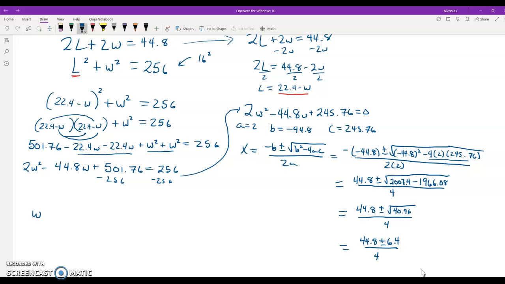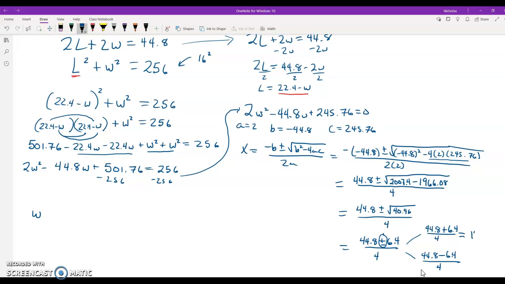You might get to this point and think to yourself, what do I do from here? This is where we're going to bring this plus minus into the equation. So 44.8 plus 6.4 over 4, and 44.8 minus 6.4 over 4. 44.8 plus 6.4 gives me 51.2 divided by 4.